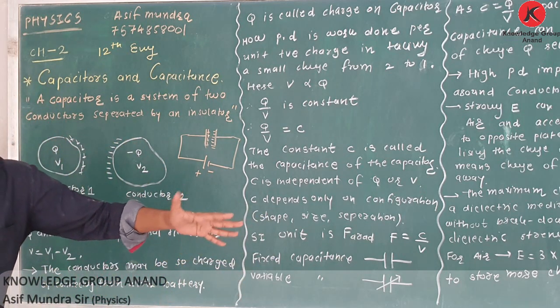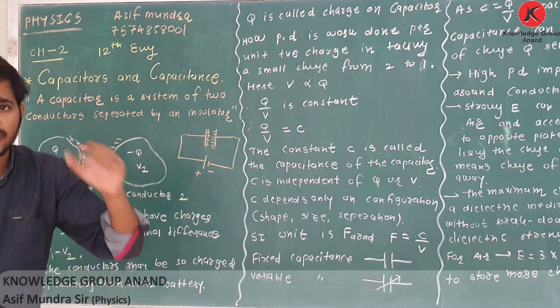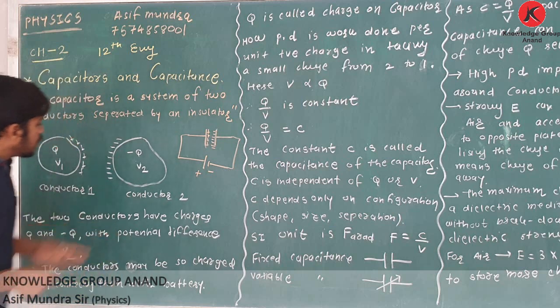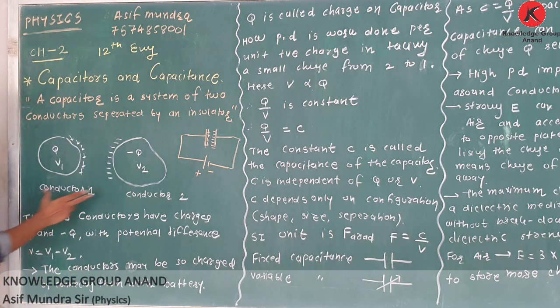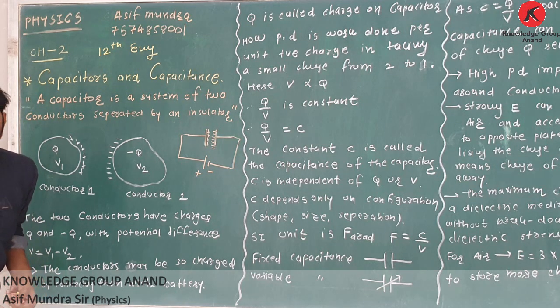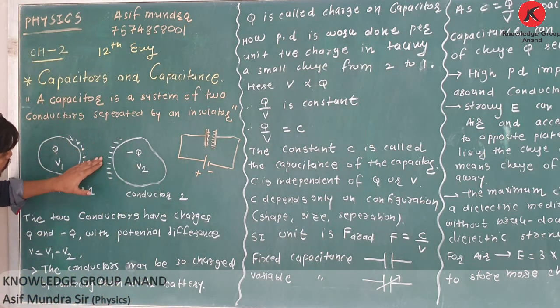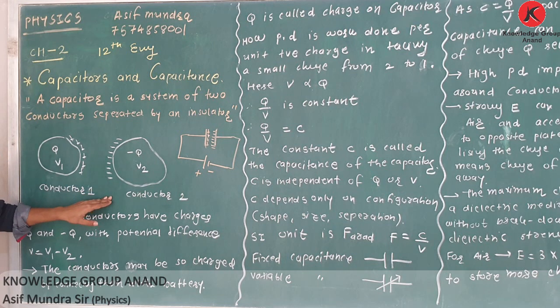So we cannot store charge. So here we have to keep the value of potential difference and electric field up to some limit, such that the insulating property of this medium is not destroyed.